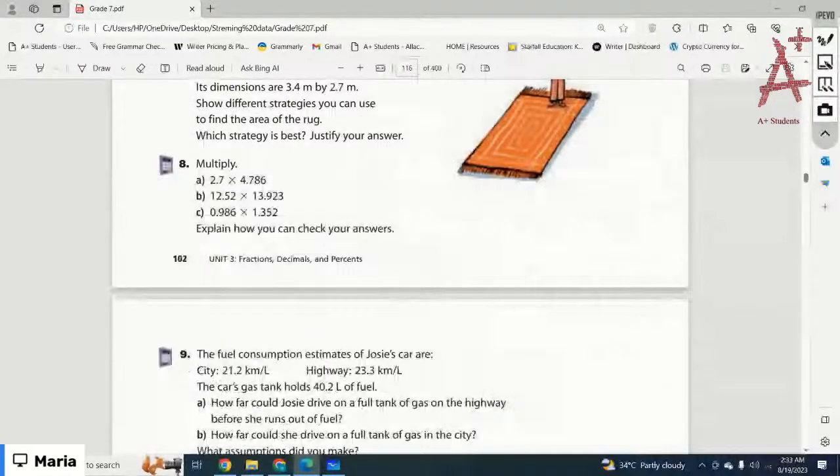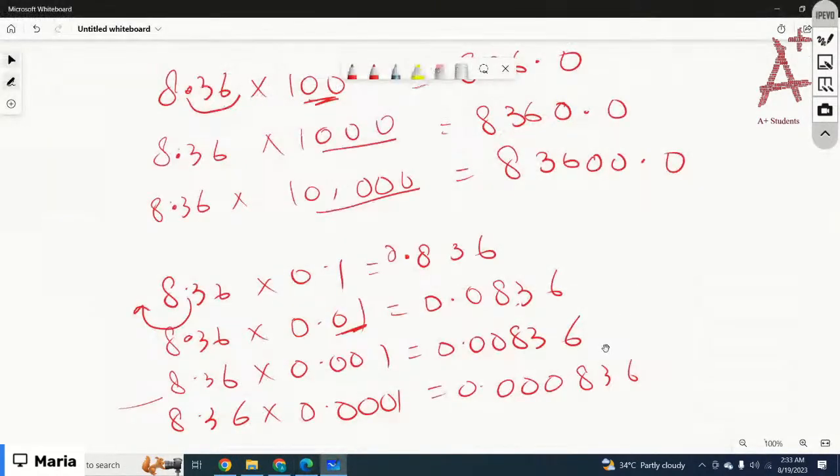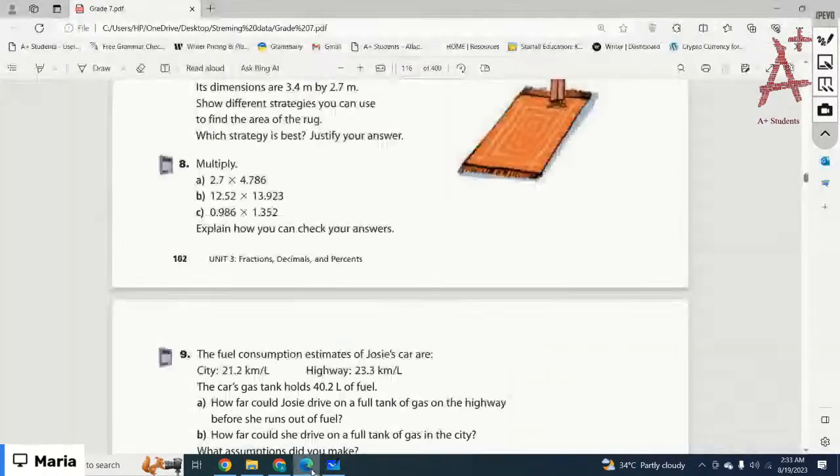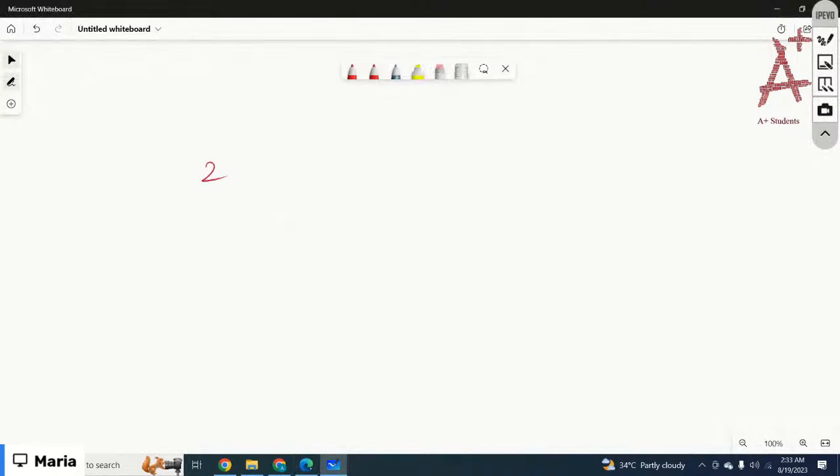Let's just start with question number 8, multiply. We just start with the first one, that is 2.7 times 4.786. Let's just multiply them without the decimal, right? So 4786 times 27. They are without decimal.